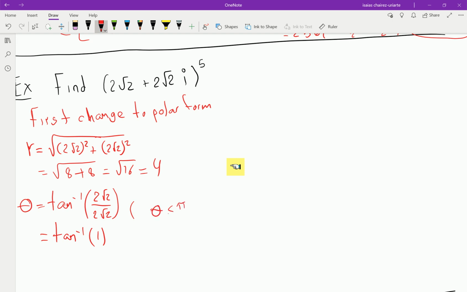The range is from -pi/2 to pi/2. So something in quadrant 1 or something in quadrant 4. So can you think of an angle in quadrant 1 or in quadrant 4 for which tangent is 1? And well, what I'm going to say is that that angle happens to be 45 degrees.